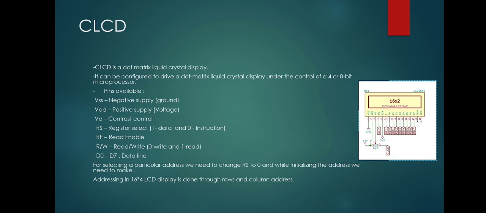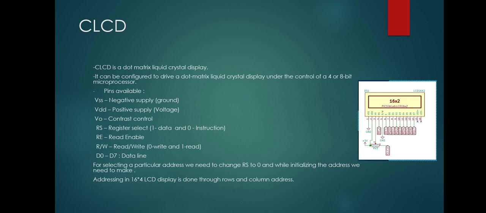The pins available are VSS, VDD positive supply, V0 contrast control, RS for register select, RE for read enable, RW for read and write, whereas D0 to D7 are the data lines. In this image you can clearly see the pins available.